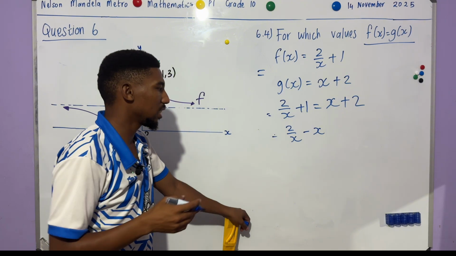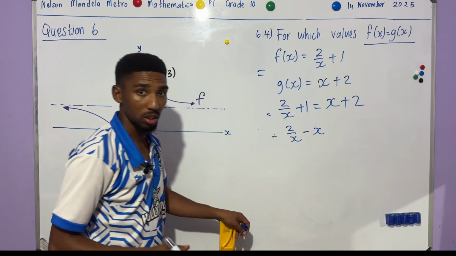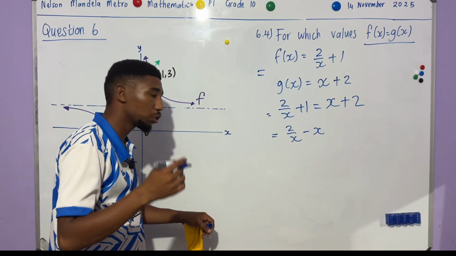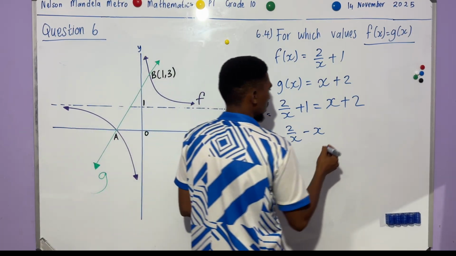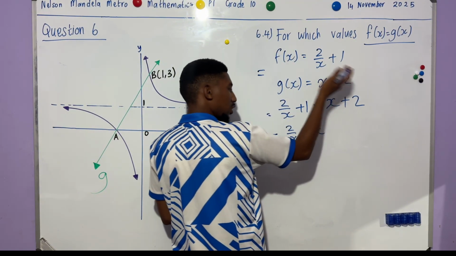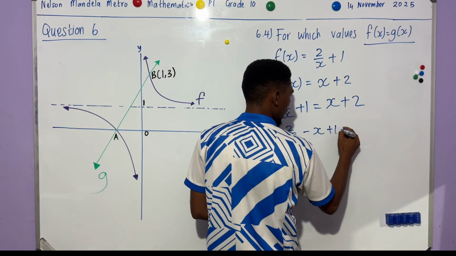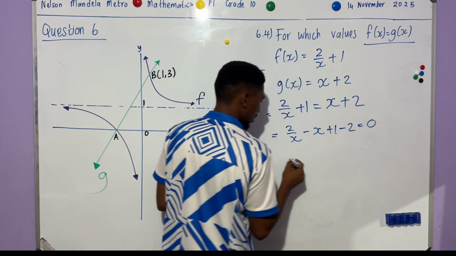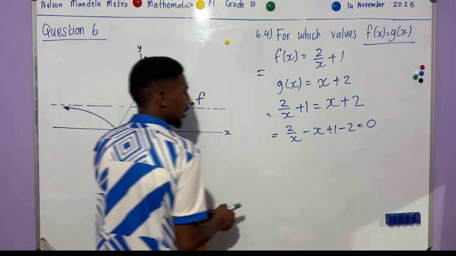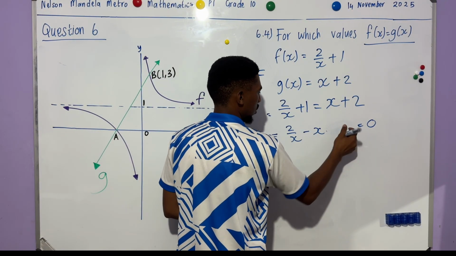I can see in the future I'm going to have x squared somewhere along the line. So I'm going to bring everything to one side, because I can already see a trinomial coming. That's from experience. So I take everything to the left-hand side and let it equal 0. Then I'll have plus 1 minus 2, which is minus 1 here.